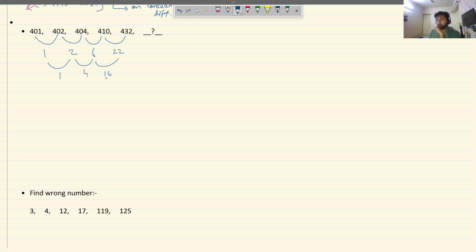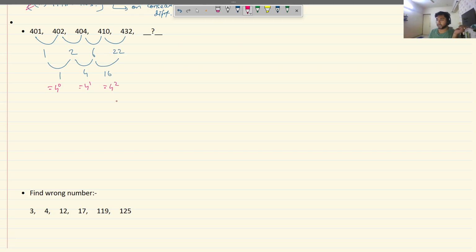Okay, now it makes sense somewhat, because 1 we can write as 4 to the power 0, 4 we can write as 4 to the power 1, and 16 we can write as 4 square.